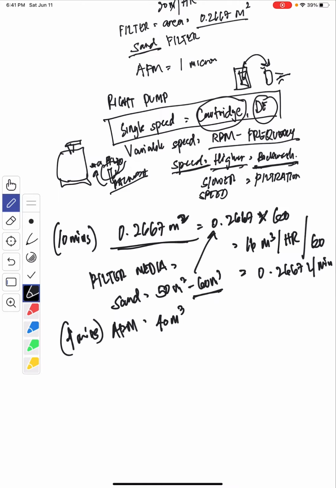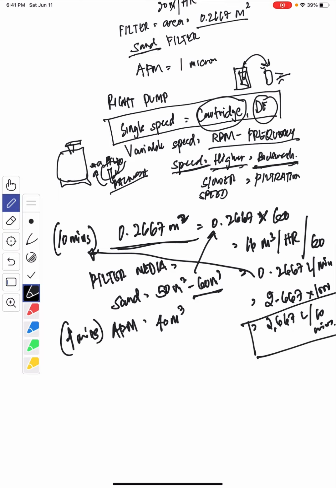Since you're going to be backwashing for 10 minutes, you simply times it by 10. So now you'll be using 2.667 times 1000, which is 2667 liters for 10 minutes. Okay, so this is your sand.